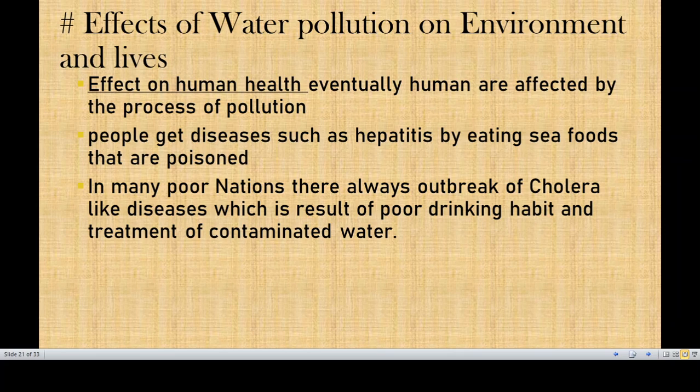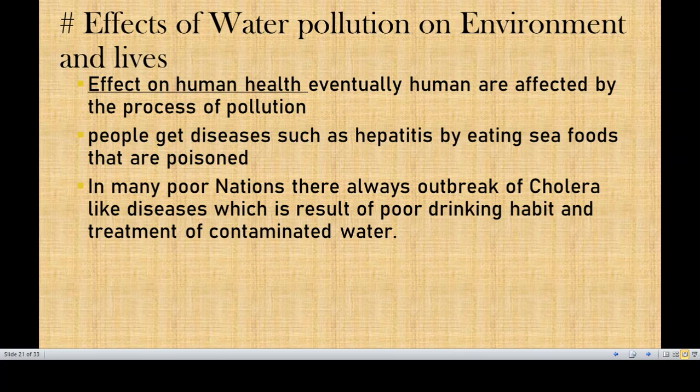If this water is polluted, it will directly cause diseases like cholera or hepatitis, which can have a larger impact on your health. So drinking water of poor quality will have a larger effect on the human system.